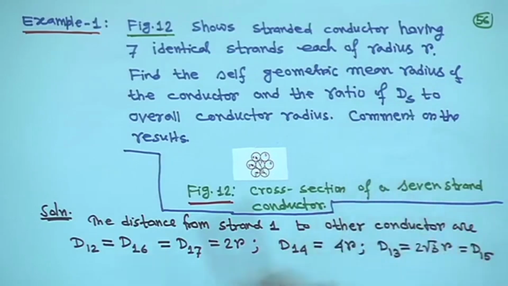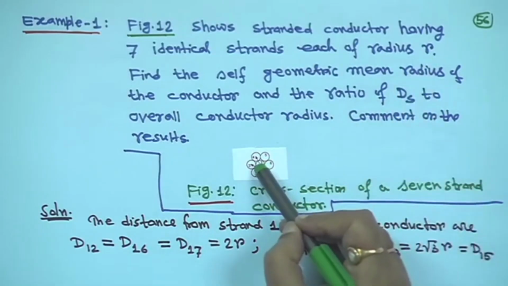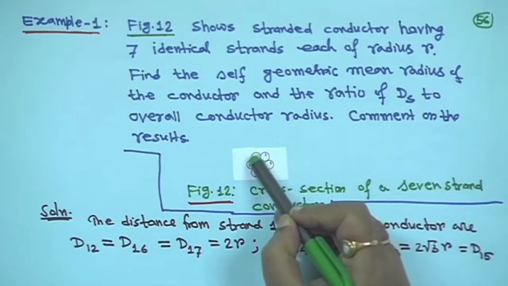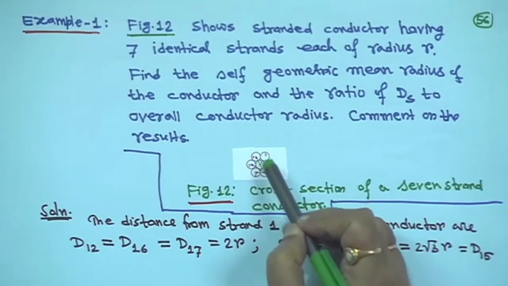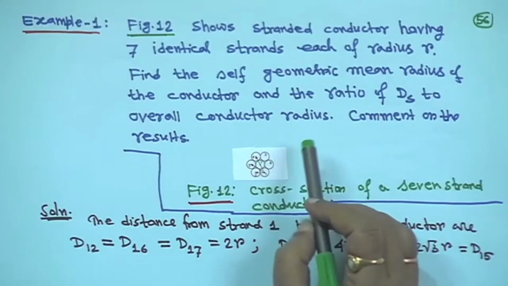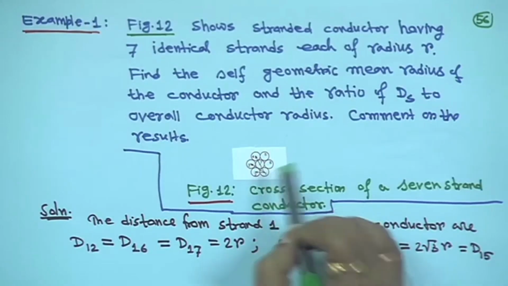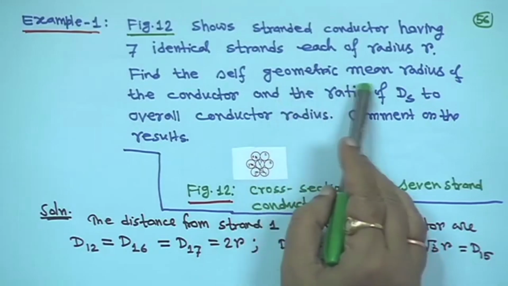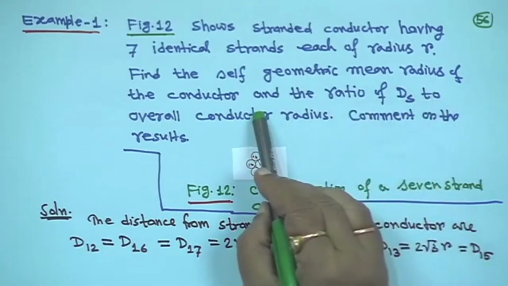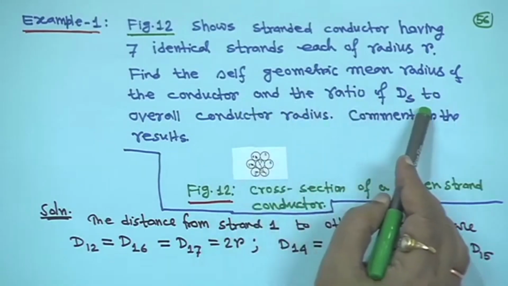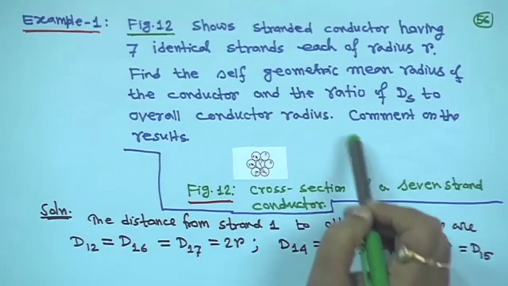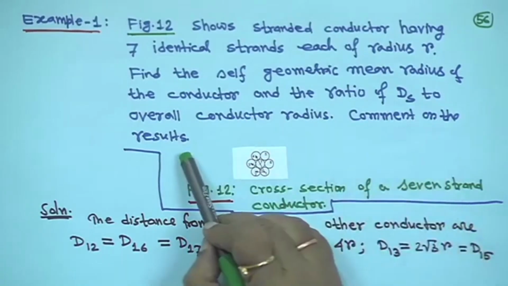If all are of the same radius, then it is 1 at the center and around that 6 conductors are possible. If the radii are different, it cannot be this kind of configuration. You have to find the self geometric mean radius of the conductor and the ratio of Ds to the overall conductor radius. Finally, comment on the results.